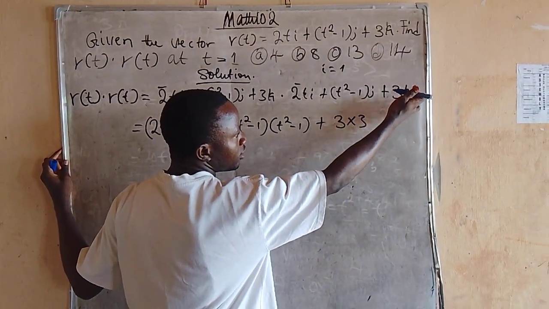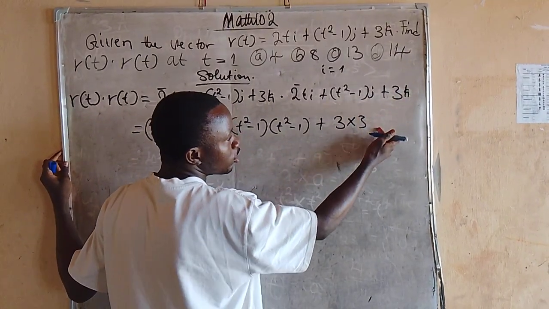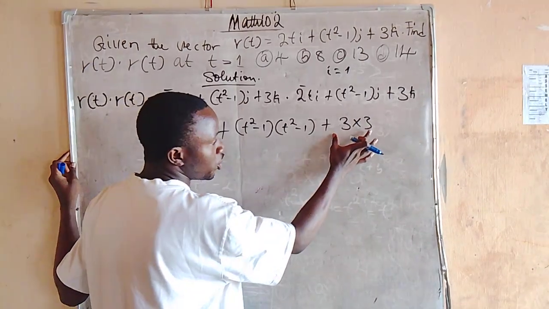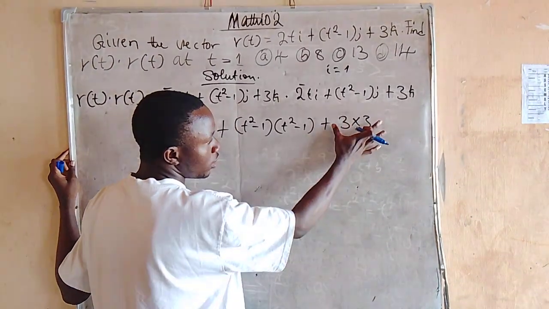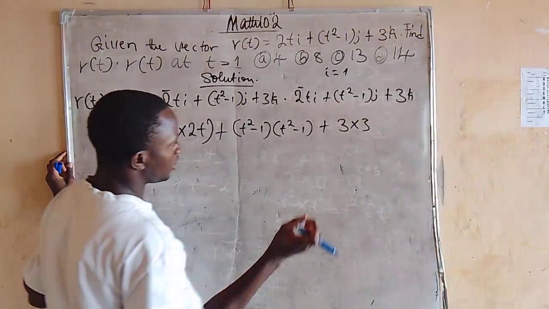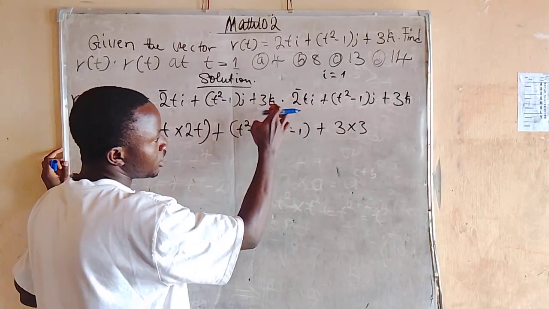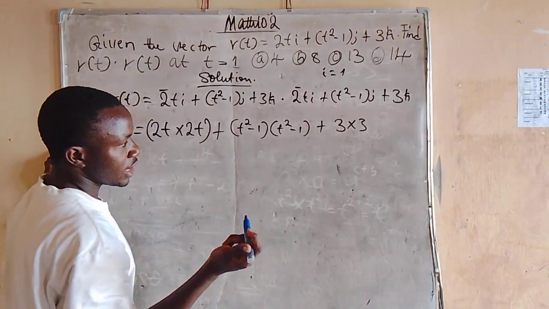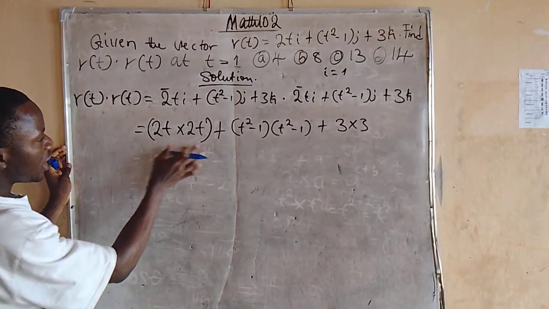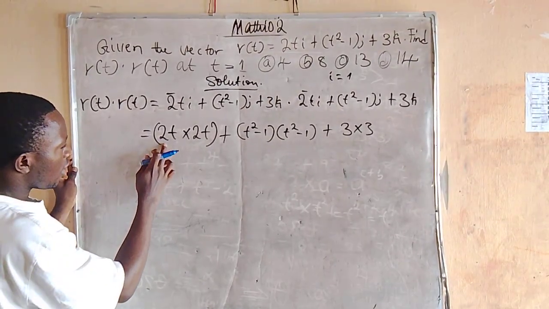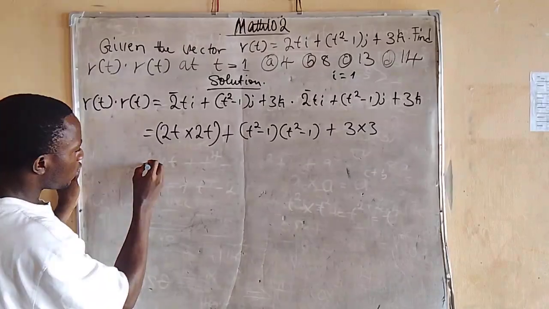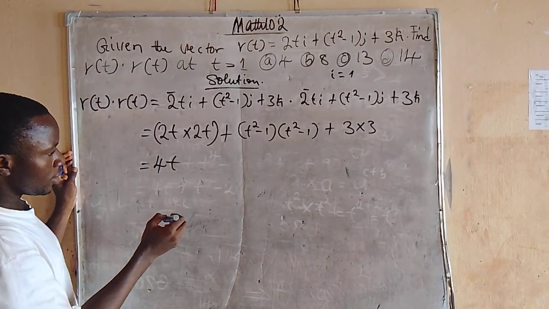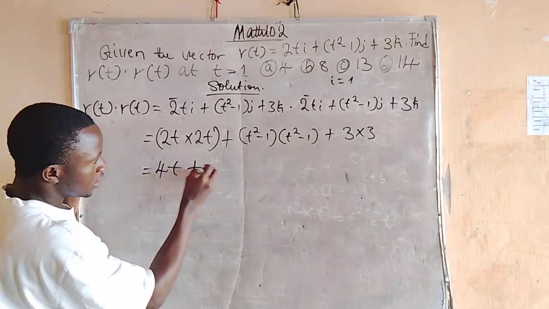The unit vector has a magnitude of 1, so there's no need of writing k again. This 3k multiplies this 3k, so we have 3 multiplied by 3. Multiplying 2 by 2 from the first part, we have 4t squared.